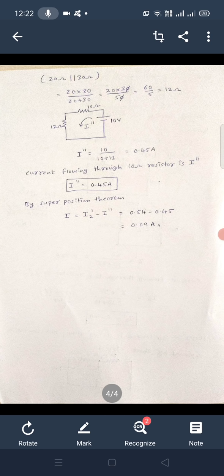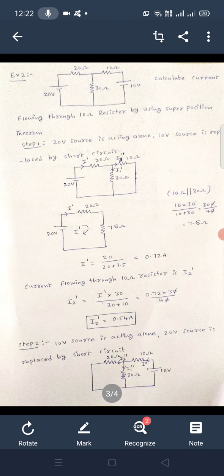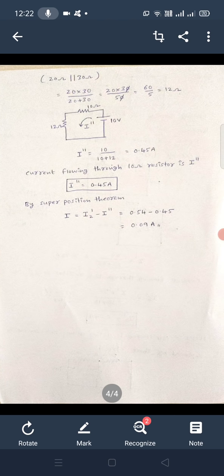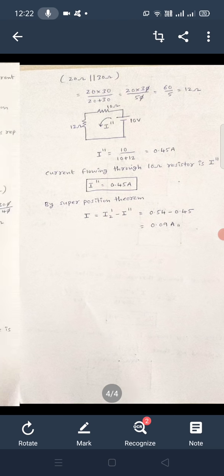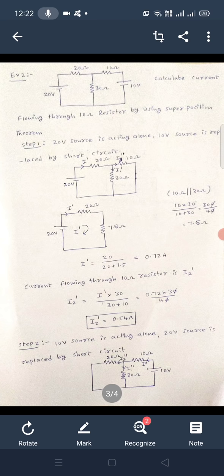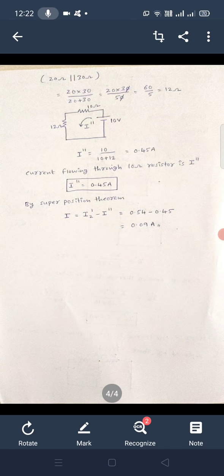Hence the total resultant current will be either I2 dash minus I double dash, or I double dash minus I2 dash, as that will be decided based upon the current magnitudes. Here you can observe I2 dash is equal to 0.54 amperes, whereas I double dash is 0.45 amperes.